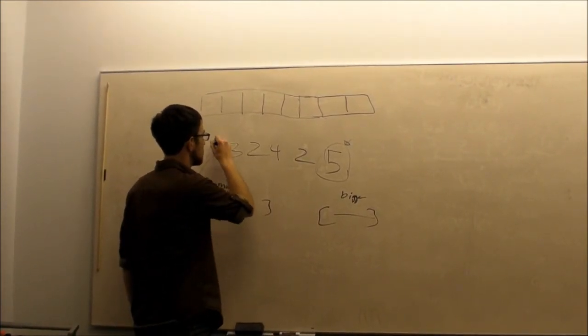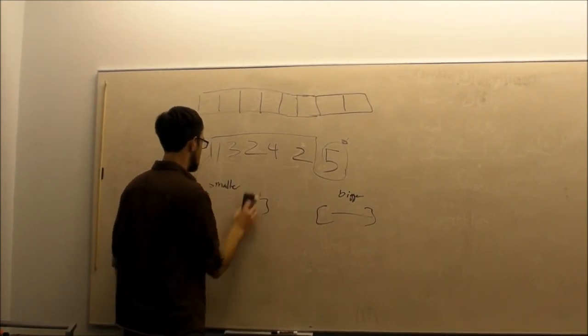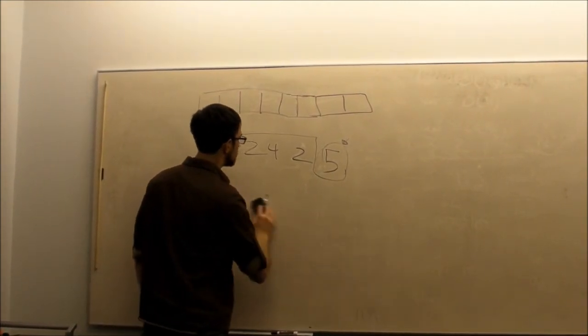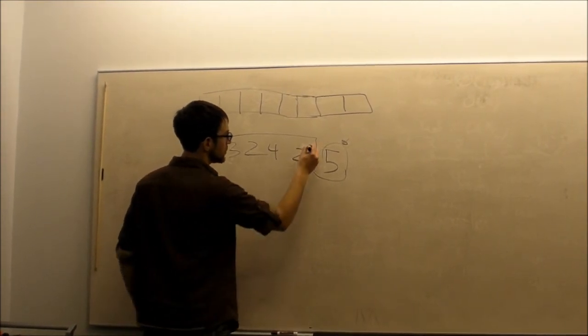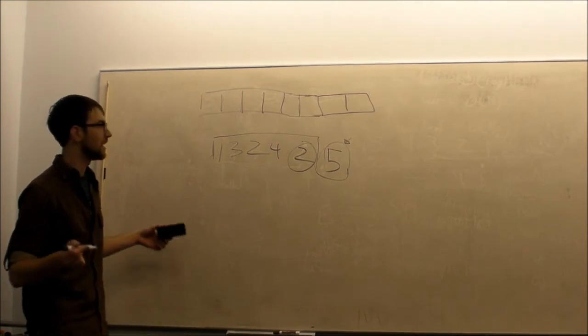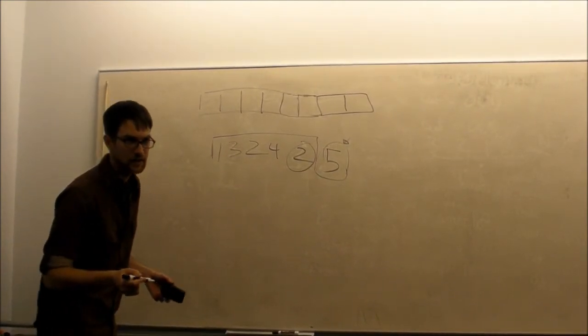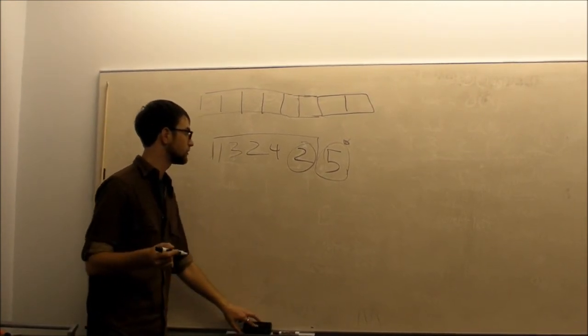But yeah, so now we're going to work with this sublist. And we're going to choose, again, our pivot value to be the end. This time it's going to do a little bit better. We're going to pick a 2. So now we're going to define things that are, in this case, less than or equal to 2, and things that are greater than 2.